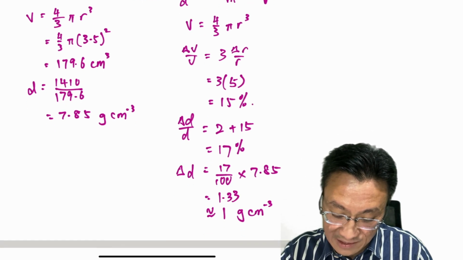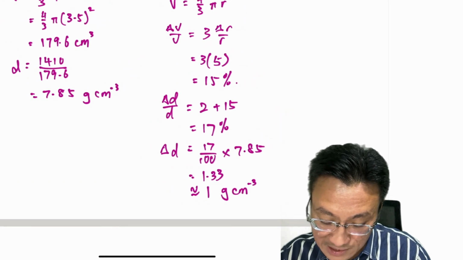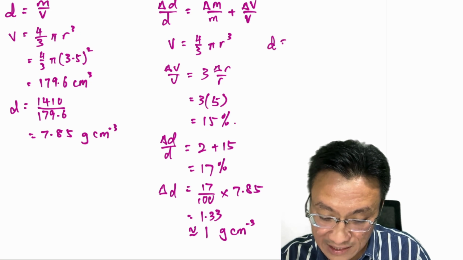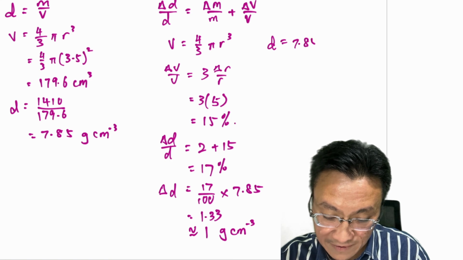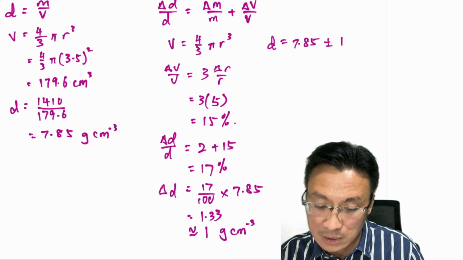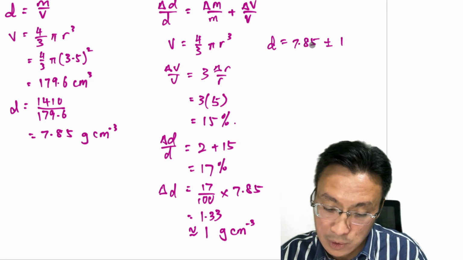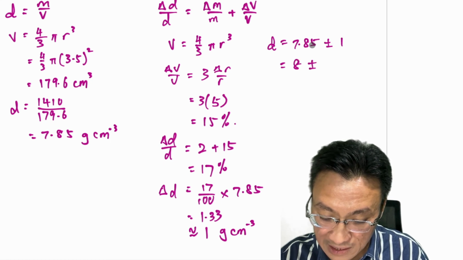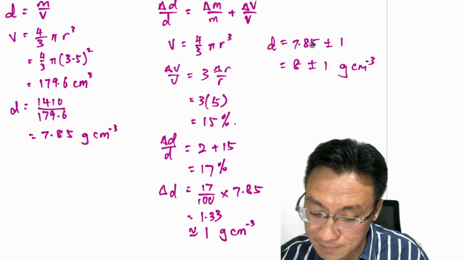And that leaves us with the last step, which is to express the value of the density with its uncertainty. So the density is 7.85 plus minus 1, and I got to round off the 7.85 to units. So that will be 8 plus minus 1 gram per cm cube.